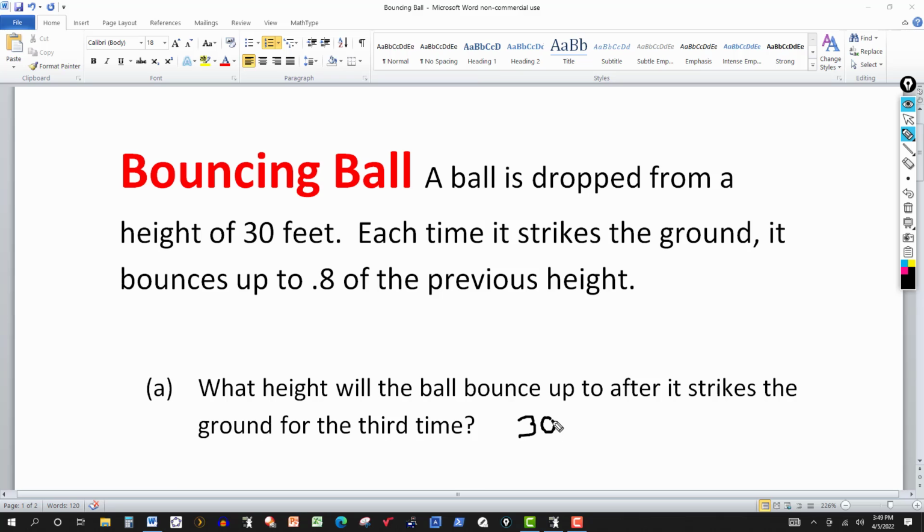So from a height of 30 feet, and then it bounces up 0.8, or 80%, of the 30. So we multiply that by 0.8. So that would be for the first bounce. For the 3rd bounce, you can see it's just going to be multiplying this by 0.8 again, then 0.8 for the 3rd one. So we get this.